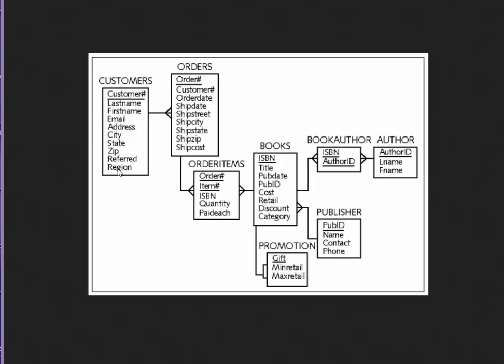These attributes will be fields. These lines between tables are relationships. Make sure you understand a one-to-one relationship, one-to-many, and many-to-many. And then become familiar with the tables and the types of data that we have in the database that we're going to be using this semester.